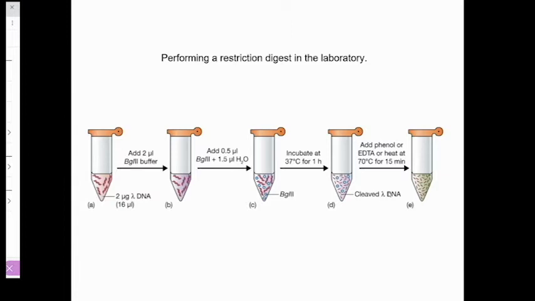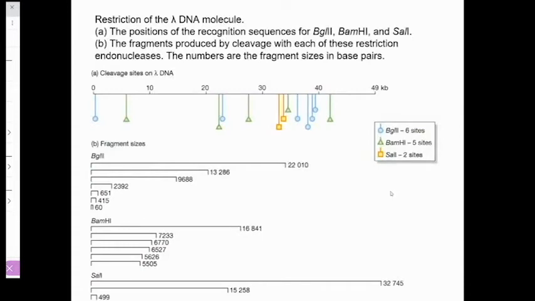DNA digestion pattern. Okay, and so this just will bring us to another topic, that the enzyme can also be used to determine the fragment size, or even the sequence, or even the restriction location.